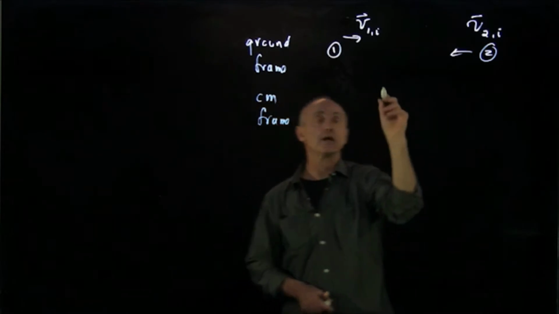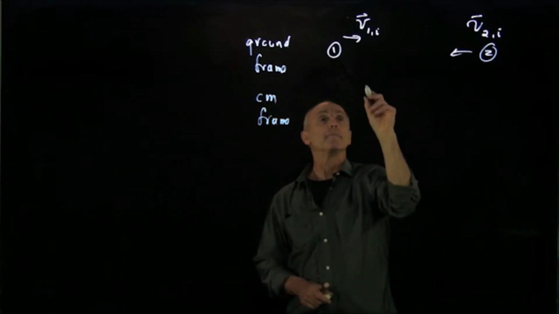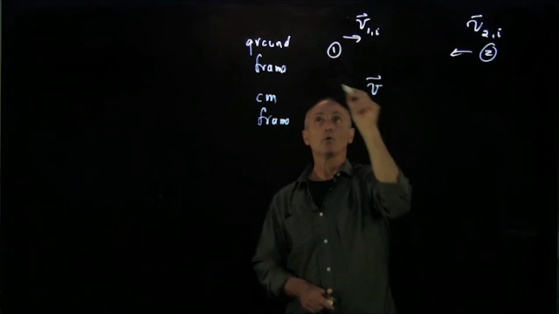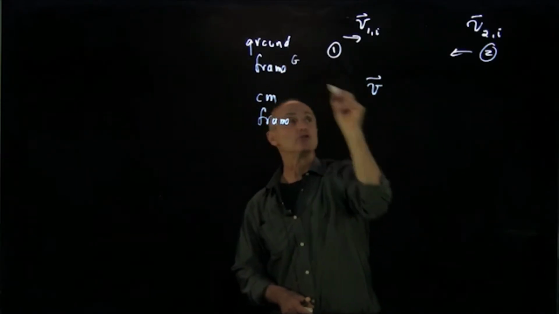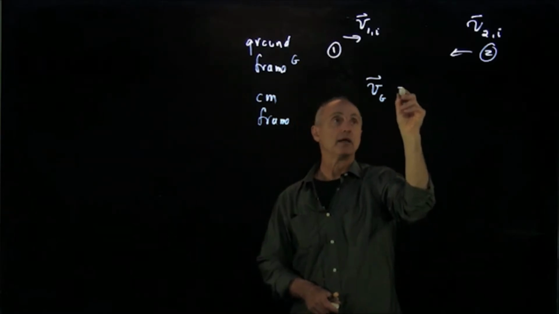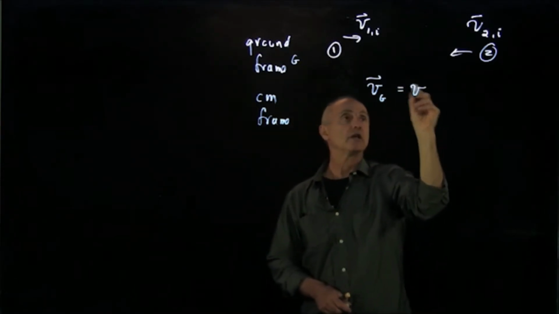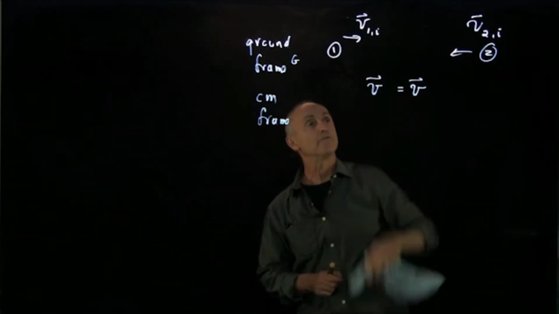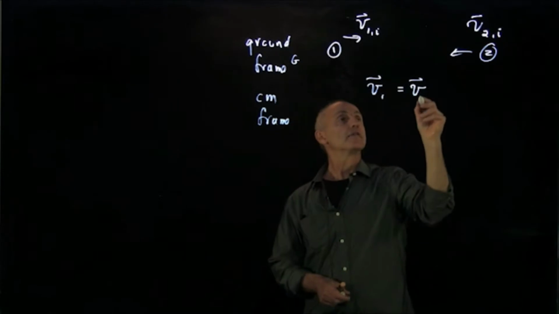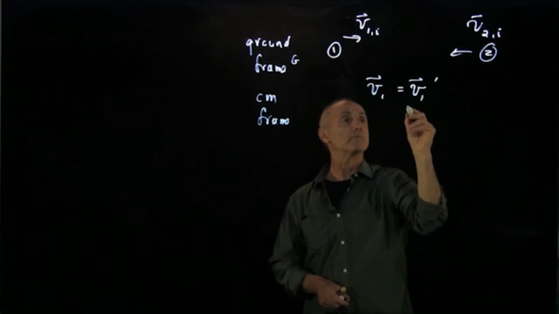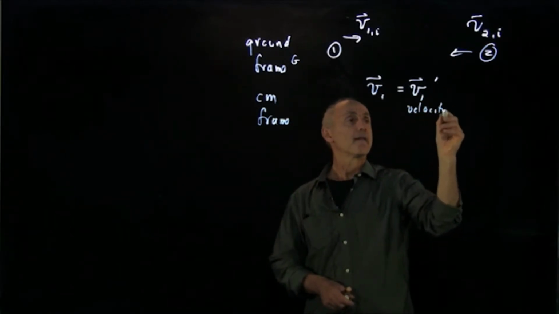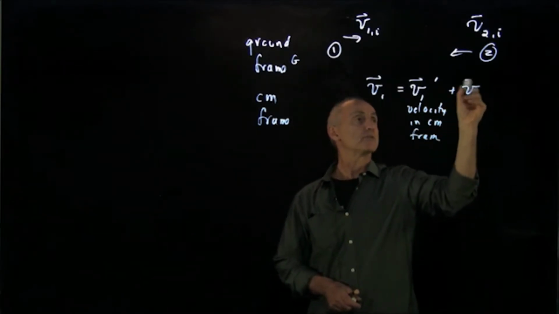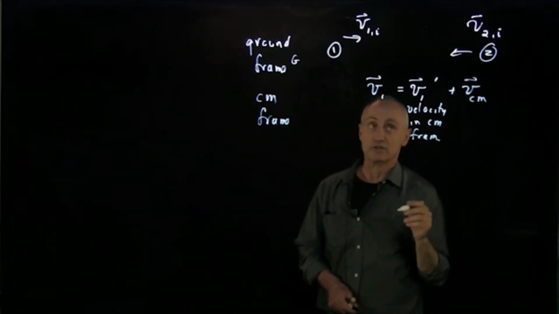In the center of mass frame, let's remind you that when we have two different reference frames, the velocity in the ground frame g is equal to the velocity of the object, we'll write it this way, just unprimed, v1, equal to the velocity in the center of mass frame, plus the relative velocity between the frames, which is the velocity of the center of mass.